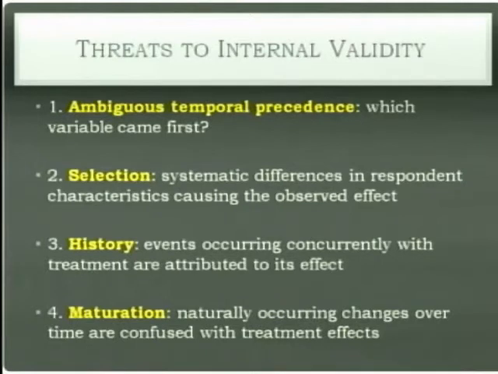Selection bias, we also talked about. And selection bias, those are systematic differences in respondent characteristics that are causing your observed effect. So the example that we talked about last week with the surgical outcomes, where we just look at our exposure, was whether or not you received the open procedure versus the laparoscopic procedure, and then looked at the outcome.